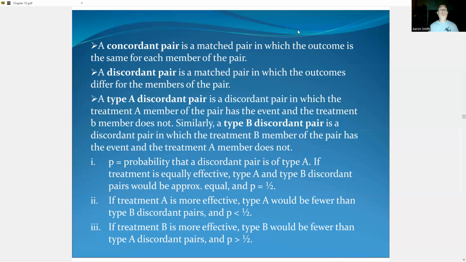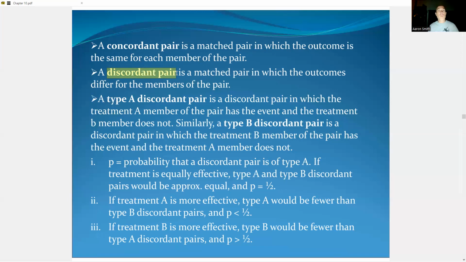If I look at that 0 and 1 vector for the population and the 0, 1 vector for success and failure, perfectly concordant would mean every time I see a 0, I would see a 0 in the other one. Every time I see a 1 for the one, I would see a 1 for the other. They would be exactly the same. Perfect discordant pairing is that if I see a 0, I see a 1 in the other, and if I see a 1, I see a 0 in the other.